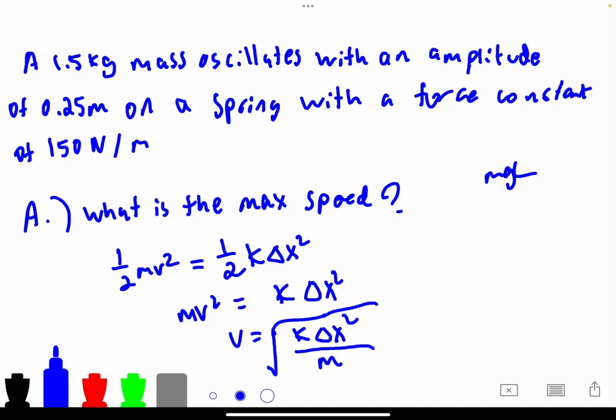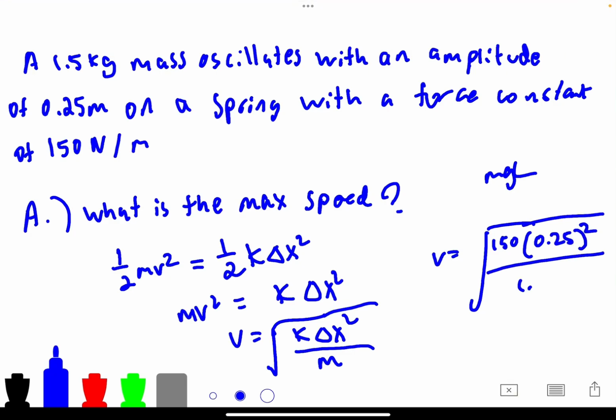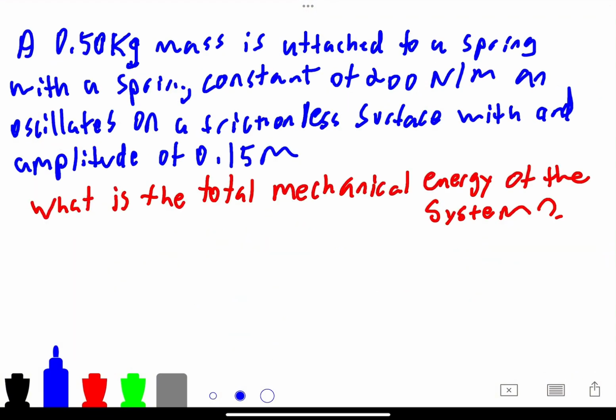Plugging all those values in, the k is 150, the delta x is 0.25 squared, and over mass, 1.5. So we have to do square root, divide, 0.25 squared, 1.5. That's going to be roughly velocity 2.5 meters per second.